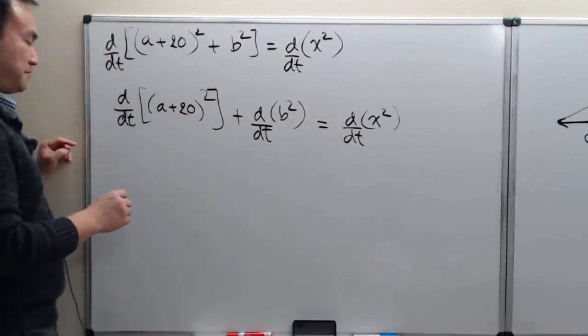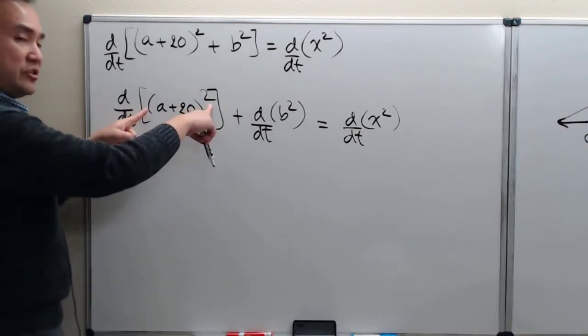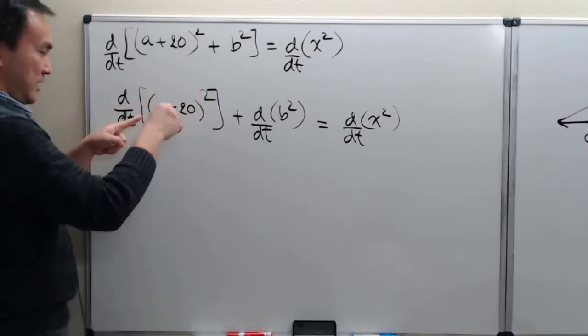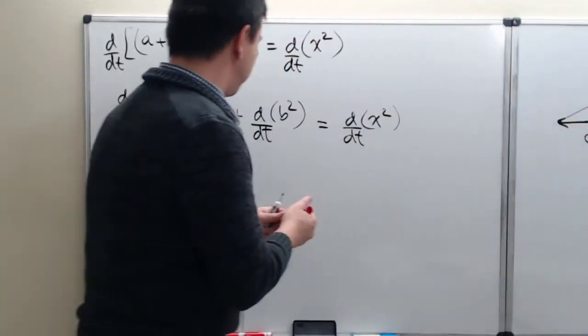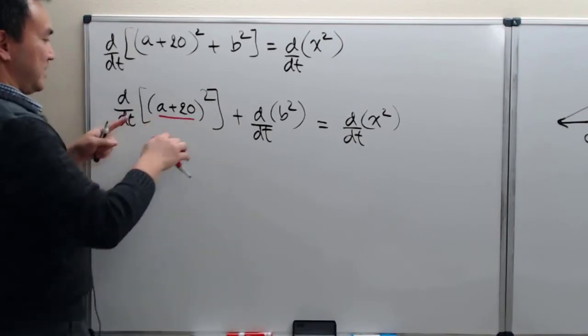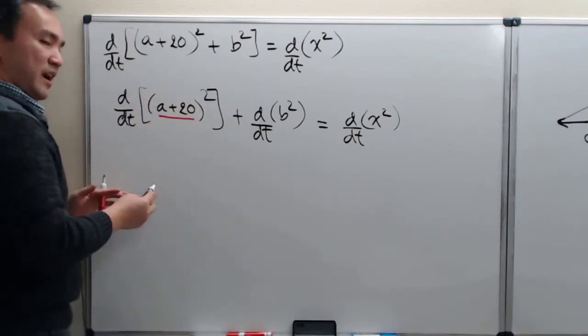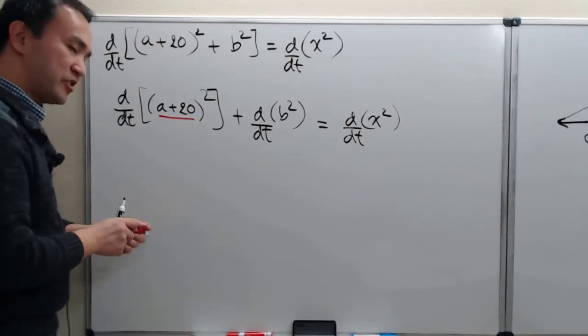And so now this first term gives me, according to the chain rule, there's an outside and the inside is right here. There's my inside, and the outside is the square.